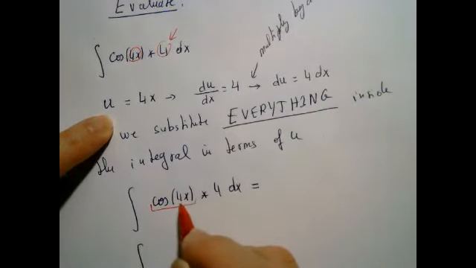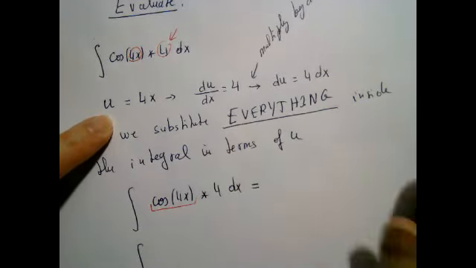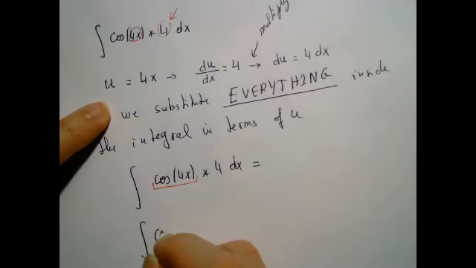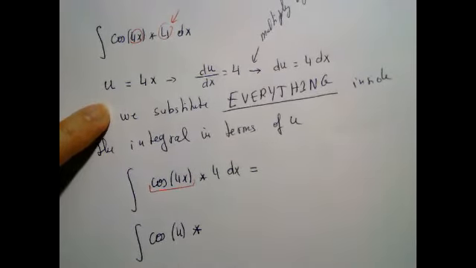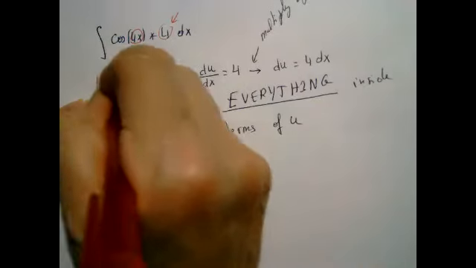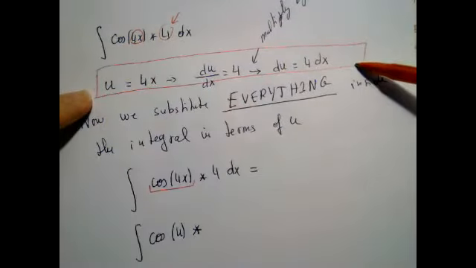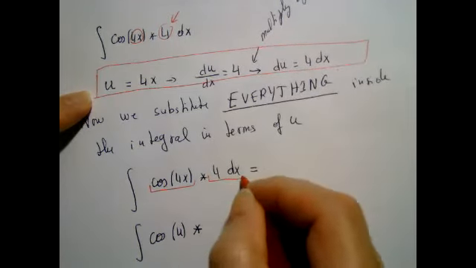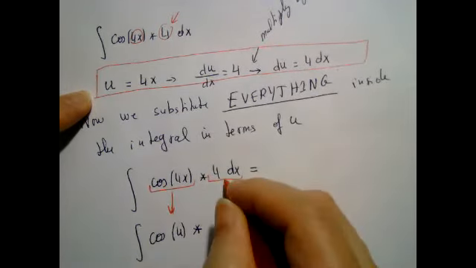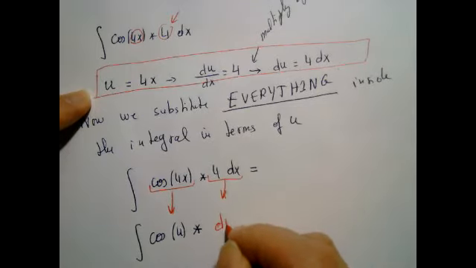4x is the u. So cosine 4x will become the cosine of u times everything. Now, when I teach substitution, I tell my students you always have to watch this. So for 4 dx, according to my work, this piece 4 dx is actually my du.